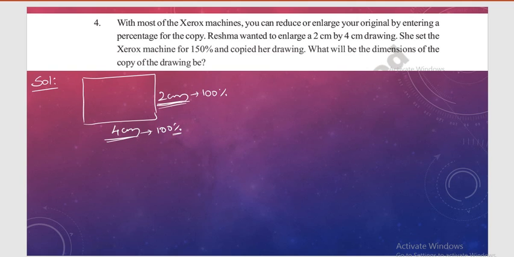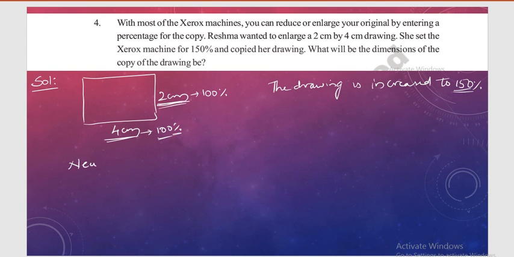So here you need to observe, the drawing is increased to 150%, but not by 150%. So to 150% means already 100% is there, for that 50% is added up, right? So what we need to find?